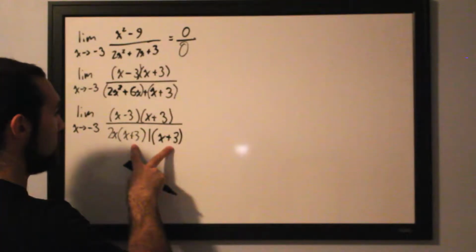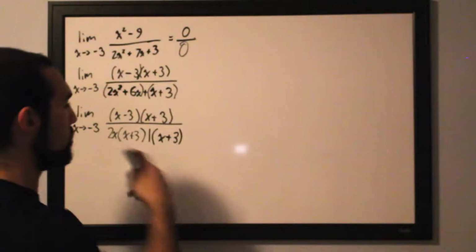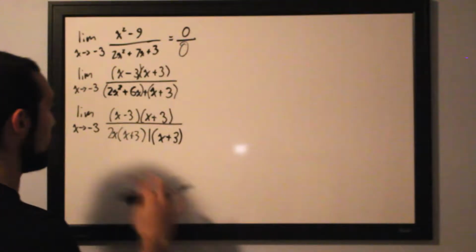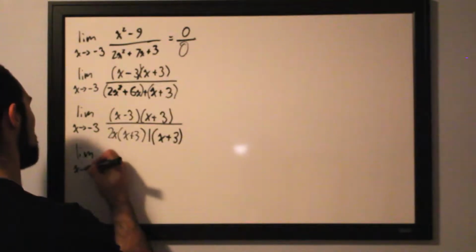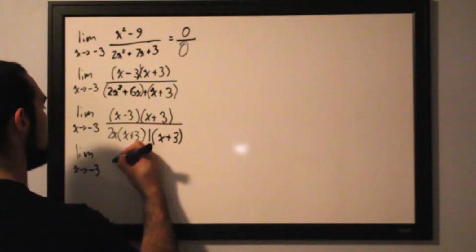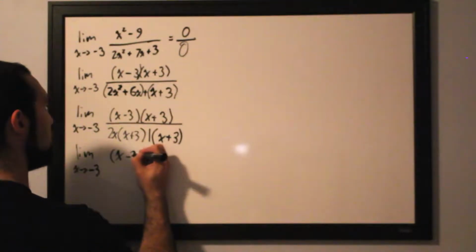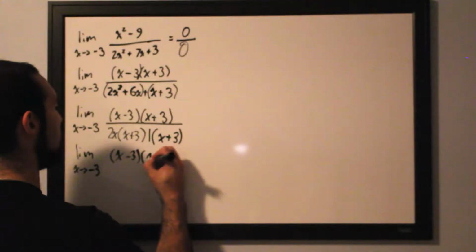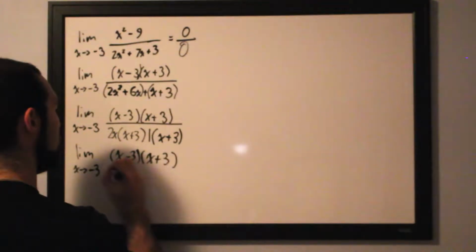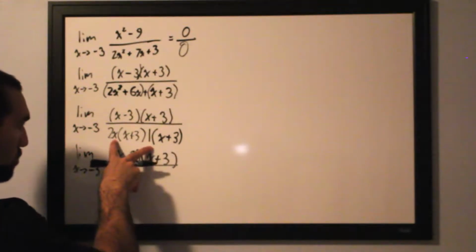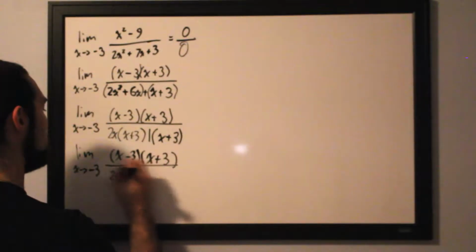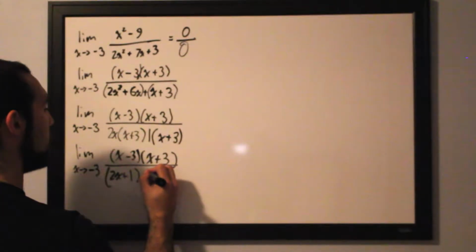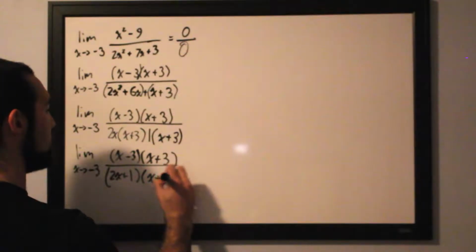Now we're going to combine these two terms and these two terms in order to create the two terms that we're going to be leaving in the denominator. So limit as x approaches -3 for x minus 3 multiplied by x plus 3 over, combine these two terms over here, so it's going to be 2x plus 1 multiplied by x plus 3.